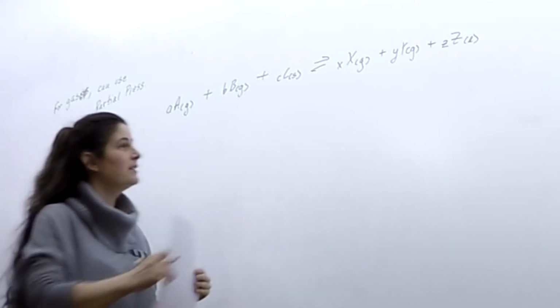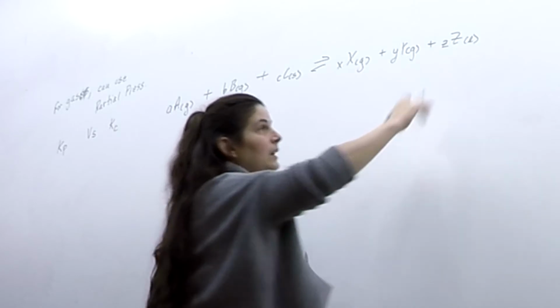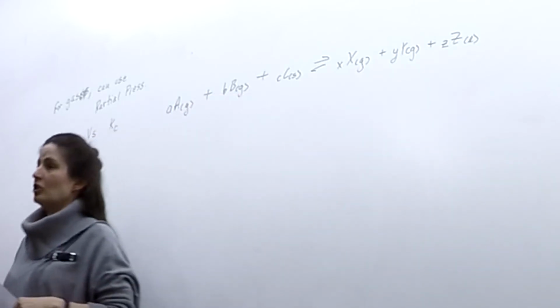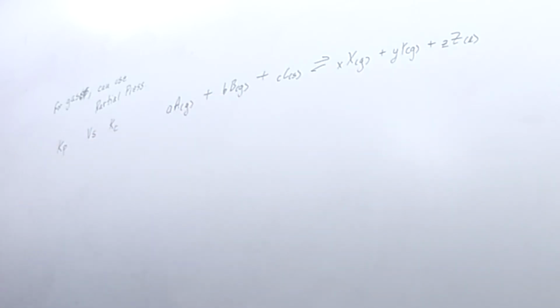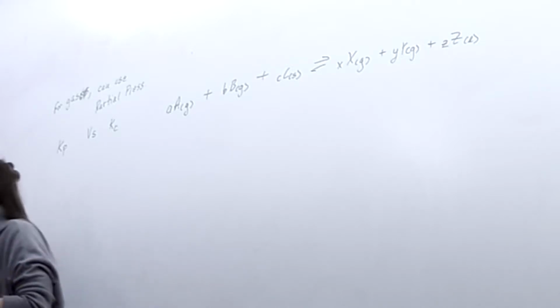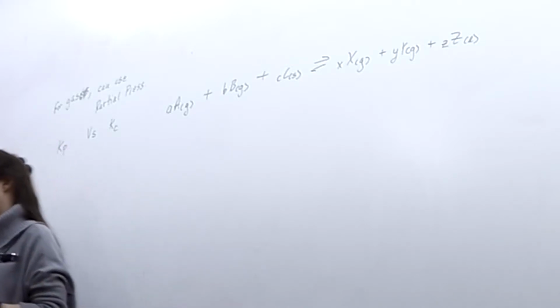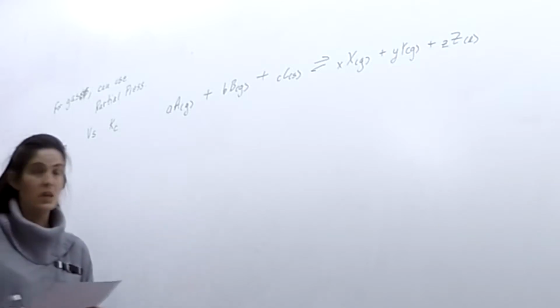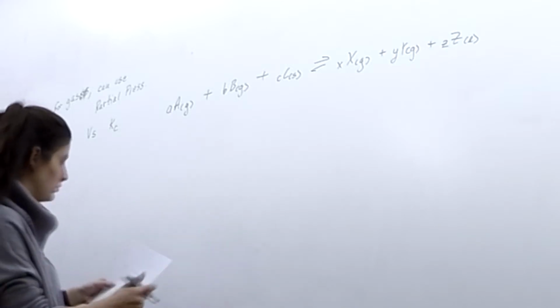Now, because a solid and a liquid do not exert pressure on a container because it is in a solid form or a liquid form, we are not going to use these in our equation either. So we're going to leave those two out again.